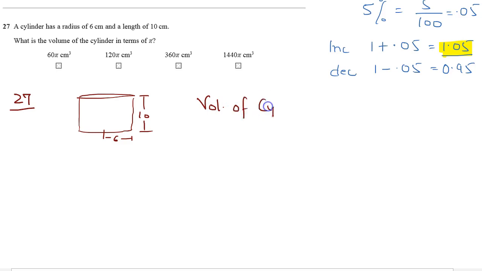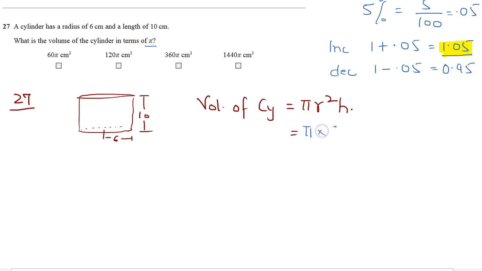Volume of cylinder is what? What is this area? This area is pi r square. This is a circle. The area of a circle is pi r square, multiplied by the height. So pi, we have to write in terms of pi.